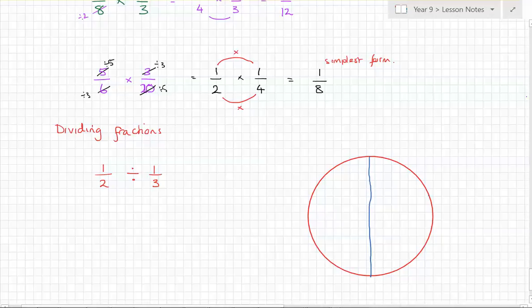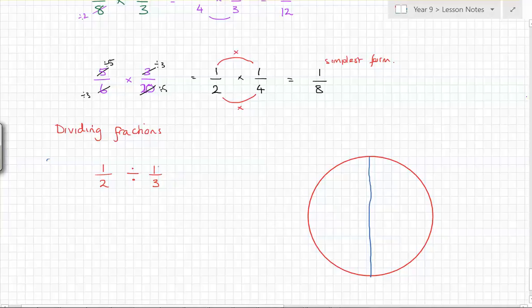Make it fair. So I would say there's a couple of ways to say it. You could share it between a third of people, but it doesn't really make any sense. So another way is to say divide it into thirds. Right.